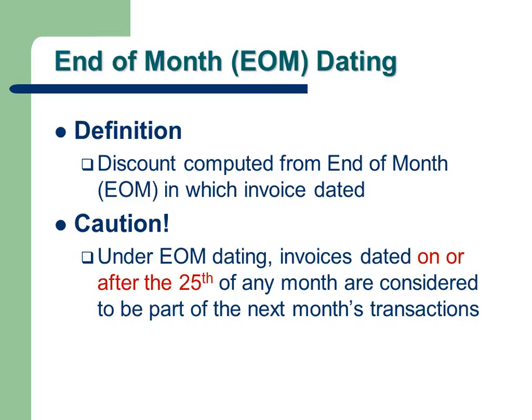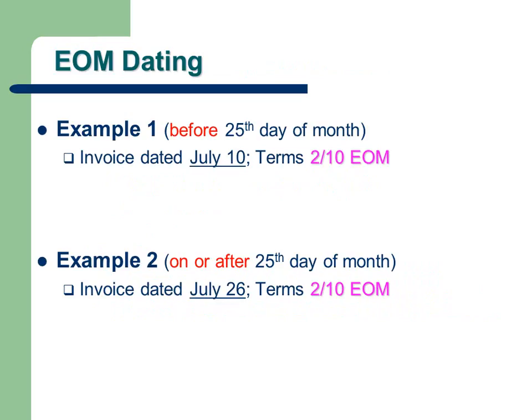What that means is that, for example, if the invoice date was July 25th, the EOM, the end of month, is not the 31st of July, but it's going to be the following month, so the 31st of August will be considered as the EOM, from which you're going to calculate how many more days you can get the cash discount. Well, it will be a little easier to understand once we take a look at examples. So let's take a look at examples on the next slide.